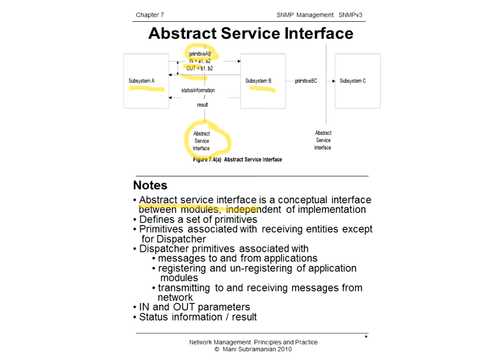in the forward direction. In addition to returning the out parameters, the called subsystem could also return a value associated with the result of the request, in terms of status information or result.